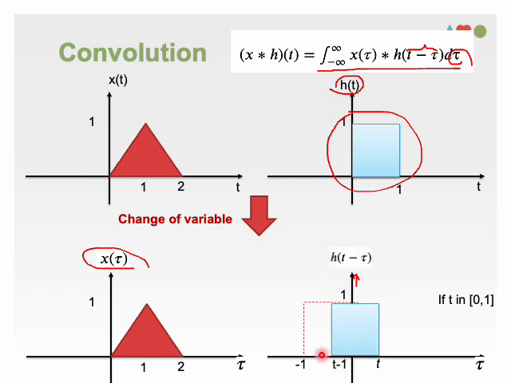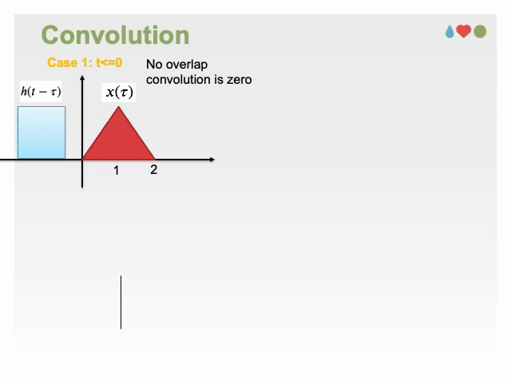For the purpose of demonstration and simplicity, let's assume that t is between 0 and 1. The resulting shifted kernel h(t minus tau) is shown in this figure. Now let's consider different cases by varying the value of t from negative infinity to positive infinity.